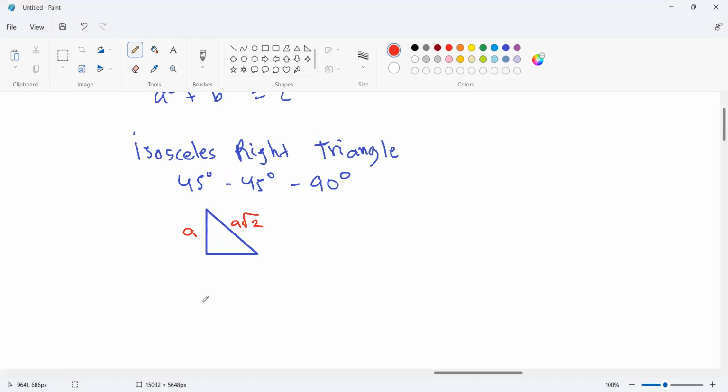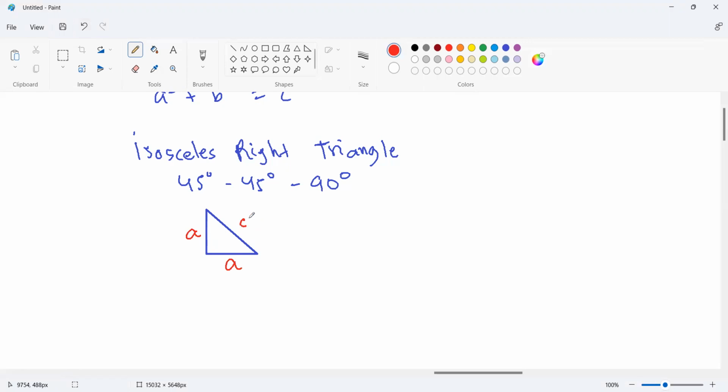So let's try to derive how this came up. Let me erase that one. So let's say this is A and this is A as well.